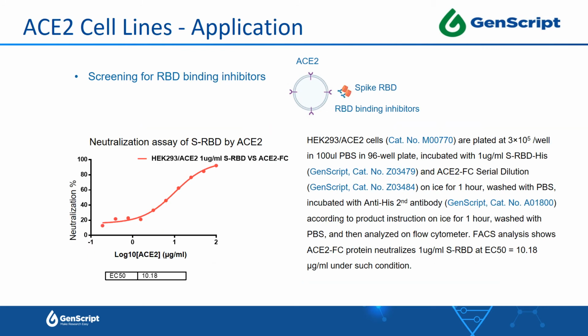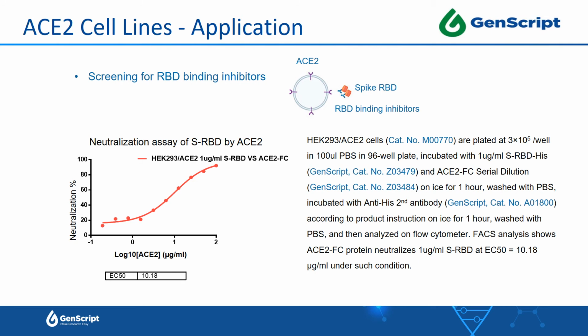Another application of the cell line is to screen for the RBD binding inhibitors. Here I'm showing you an example data of the neutralization assay of SRBD protein by ACE2 protein. The HEK293 ACE2 cell line was treated with 1 microgram per ml SRBD in the cell culture and ACE2 protein at different concentration.